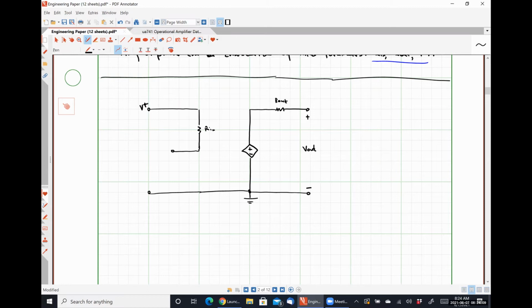And this is for the non-inverting input signal. I'm going to call this one down here V minus for the inverting input signal. These are nodal voltages measured with respect to ground. And the difference between these two, I'm going to call my differential signal vd, lowercase vd, okay?